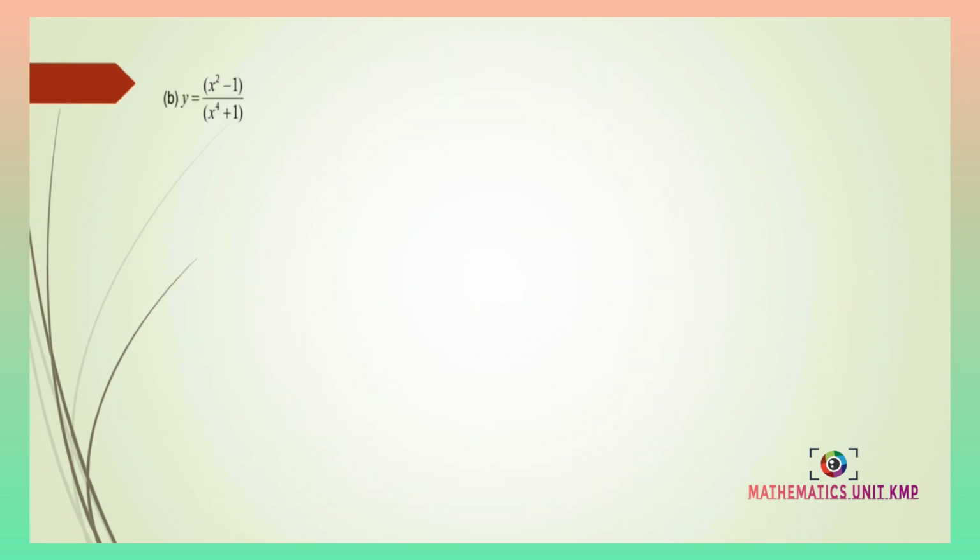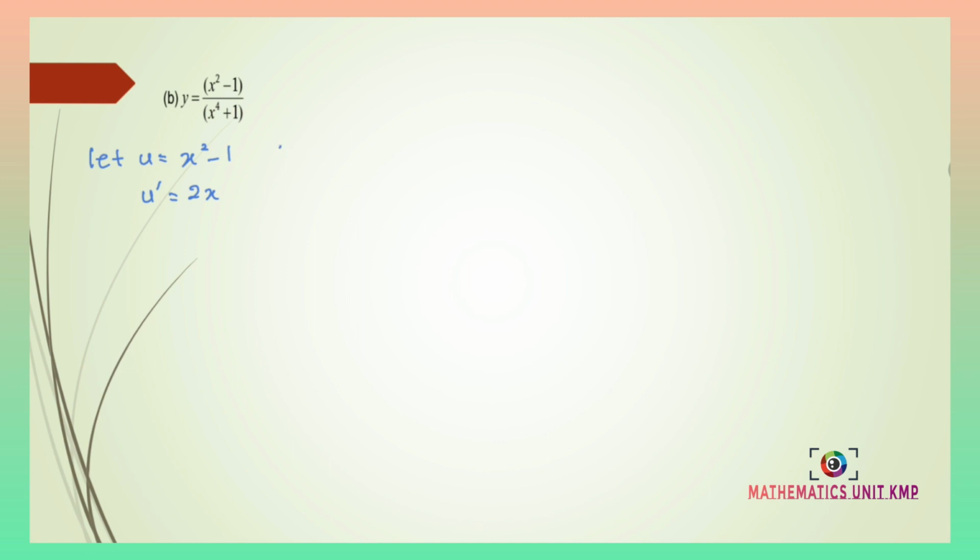Next, we move to another example. Given y equal x squared minus 1 over x power 4 plus 1. First, we have to let u equal x squared minus 1, and then we differentiate u, it is 2x.